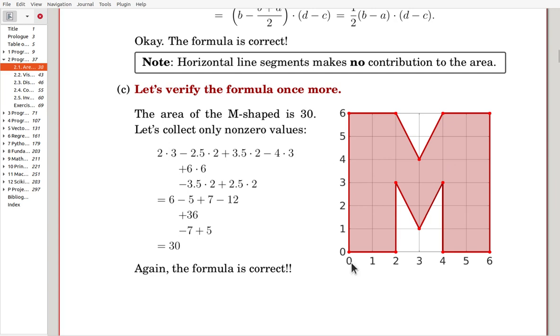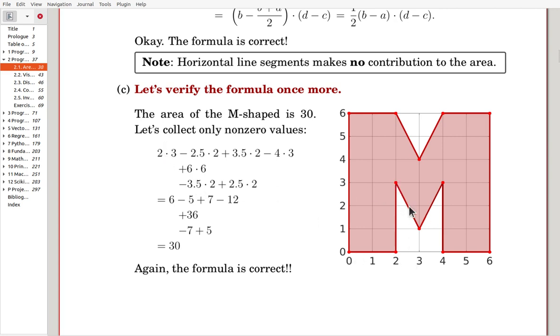Now let's begin from here, and let's try to collect just the non-zero contributions. For that one, x is 2 and y changes by 3.